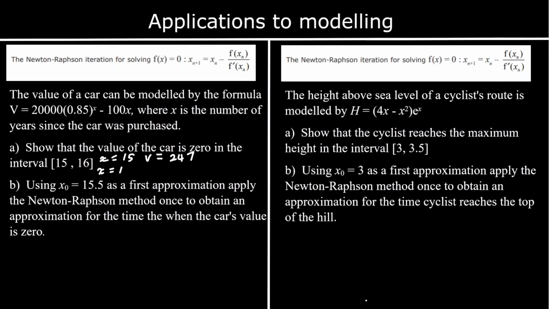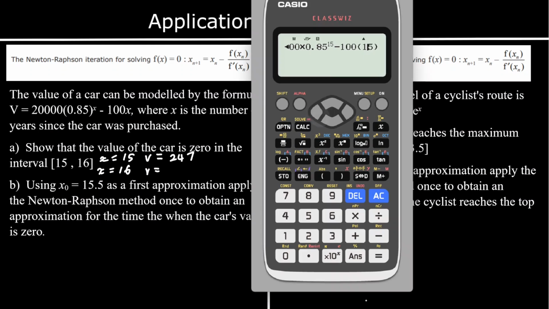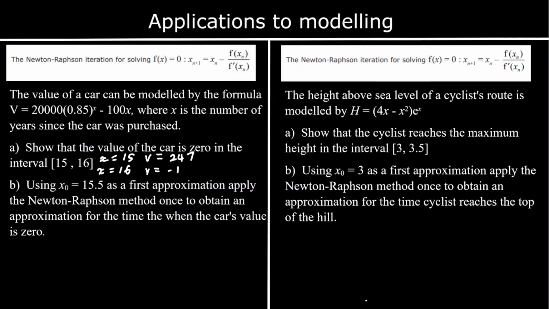And then when x is 16, V should become negative. Negative £115. So there's been a change of sign. Therefore, it's gone through 0 between 15 and 16 years.